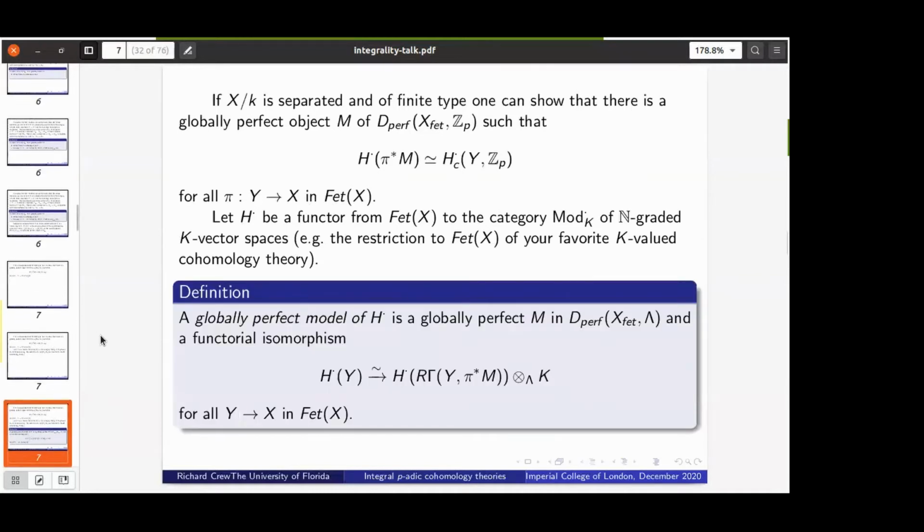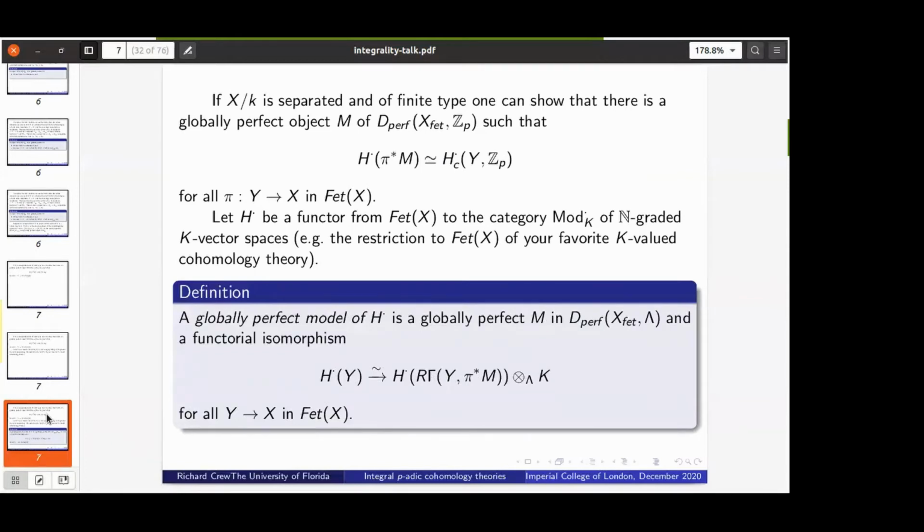Okay, so a globally perfect model of this functor is a globally perfect object M of D-perf of lambda modules on the finite étale site of X, and a functorial isomorphism of H of Y with ordinary cohomology of the derived global sections over Y of the pullback of M, all of it tensored over lambda with its fraction field, capital K. This is for all morphisms Y to X in the finite étale site of X.